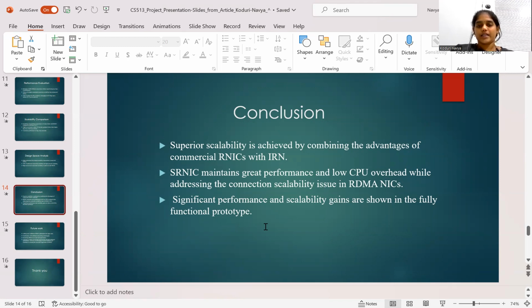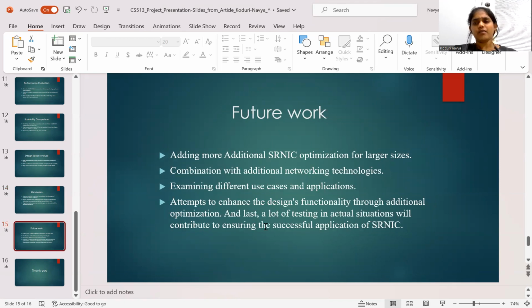And let us discuss the future enhancements of this paper, that is the future work. In the future we can add more sRNIC optimizations for larger sizes, more functionalities, and more options for very large systems, and also combination with additional network technologies.